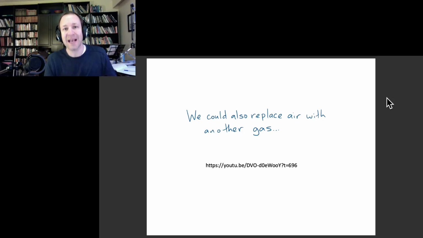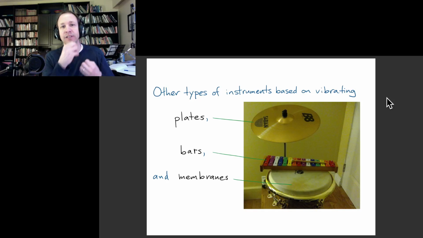There's kind of one last thing that I wanted to mention before we get into a very different topic. And that is just that there are other kinds of instruments which are not based on stretched strings or tubes. So especially in percussion instruments, you have instruments based on vibrating plates, like a cymbal, or vibrating bars, like in a xylophone, or vibrating membranes, like the skin of this drum.